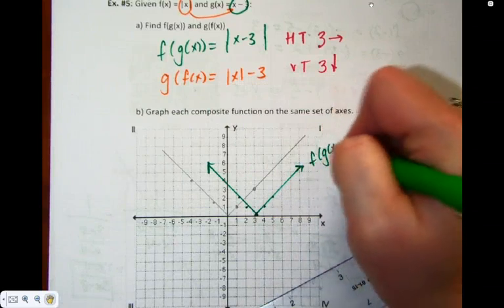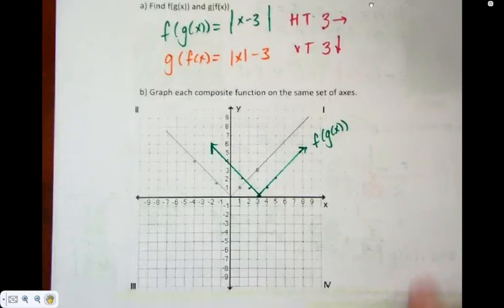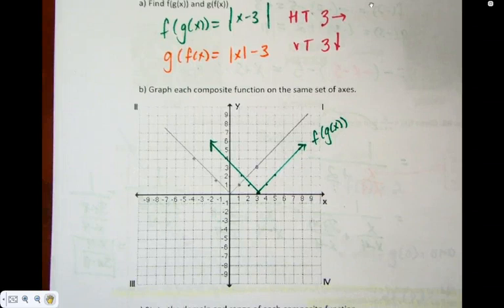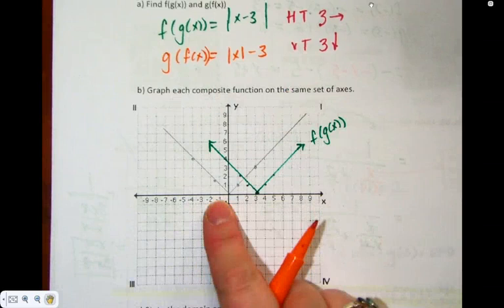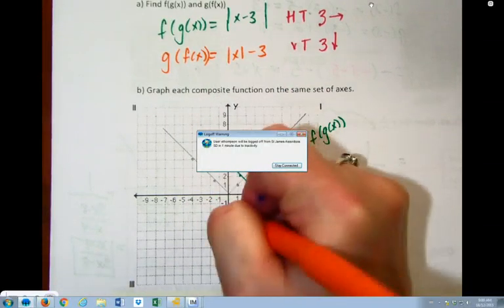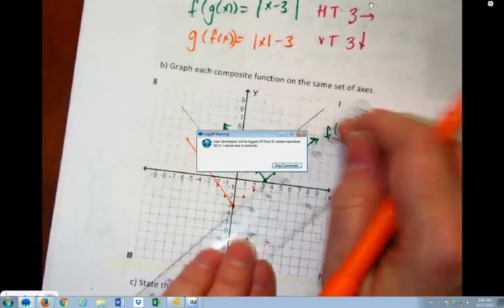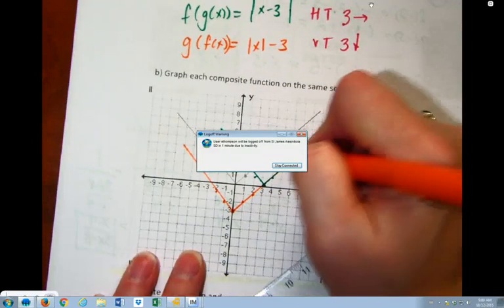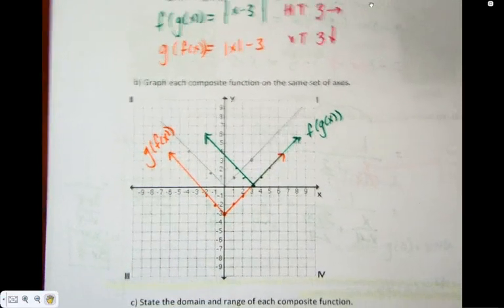So that is our f of g of x. g of f of x, I'm going back to the base graph, dropping it 3 units. So that's our g of f of x.